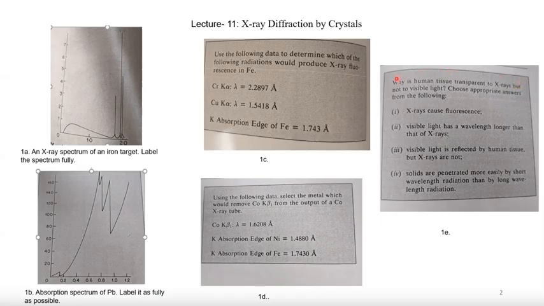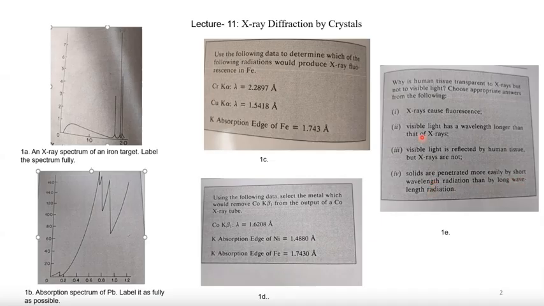We come to this then. It says, why is human tissue transparent to X-ray but not to visible light? Choose the appropriate answer from the following. One answer: X-ray causes fluorescence. Second answer: visible light has a wavelength longer than that of X-ray. Third answer: visible light is reflected by human tissue but not X-ray. Fourth answer: solids are penetrated more easily by short wavelength radiation than by long wavelength radiation.